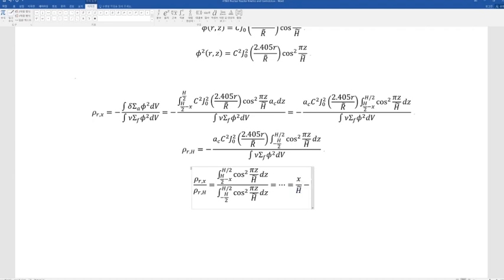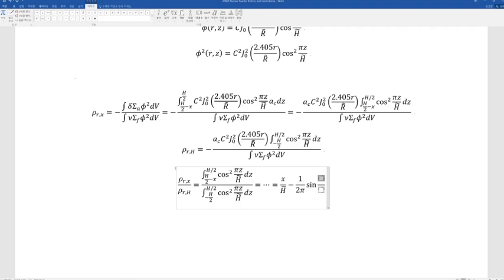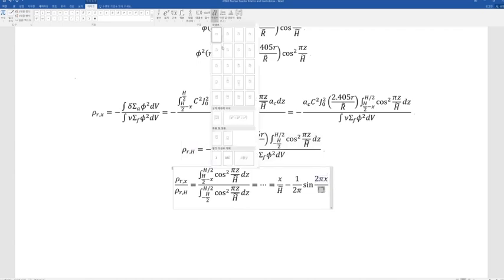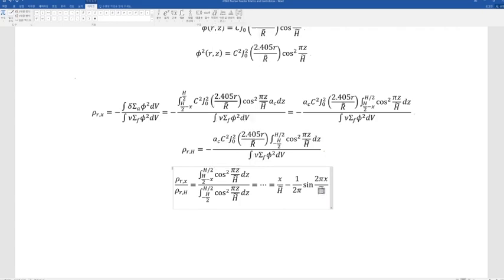minus 1 over 2 pi and sine 2 pi x divided by h tilde, the extrapolated height of the reactor.